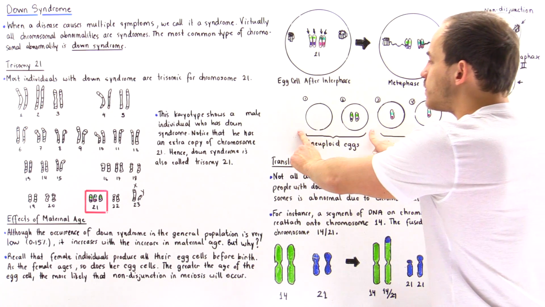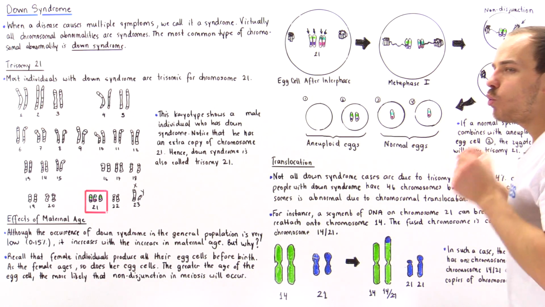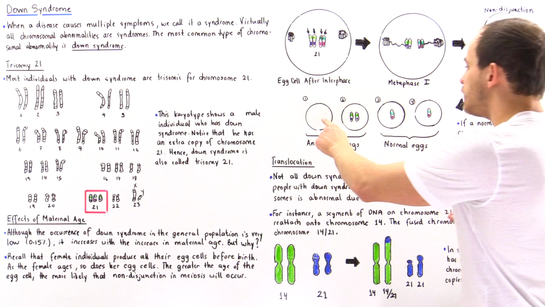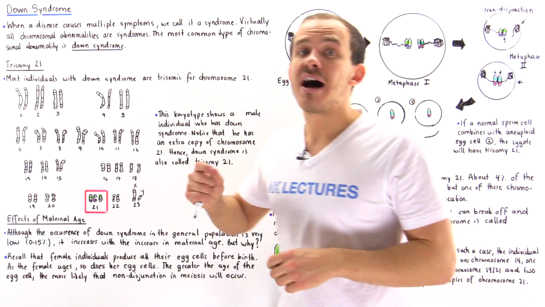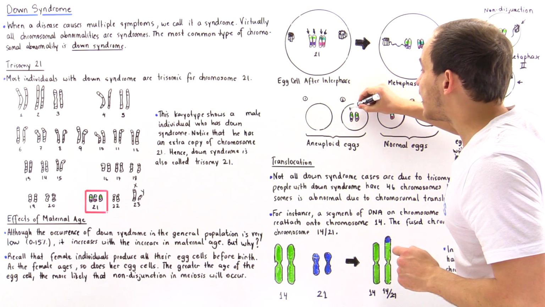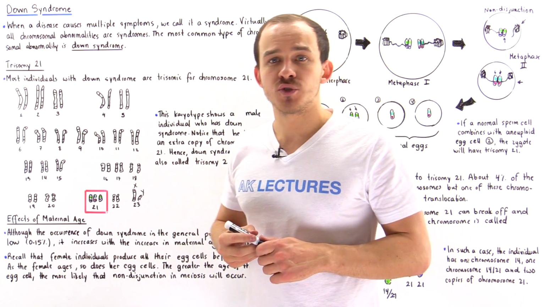And so we form these two X cells, XL1 and XL2, which are abnormal. They have aneuploidy. One of these cells lacks a copy of chromosome 21, but the other cell has not one, but two copies of chromosome 21.